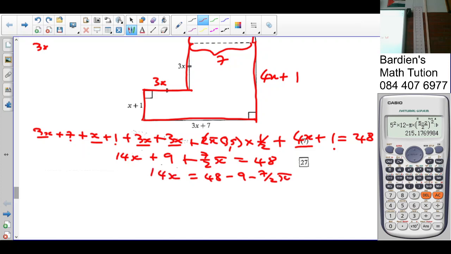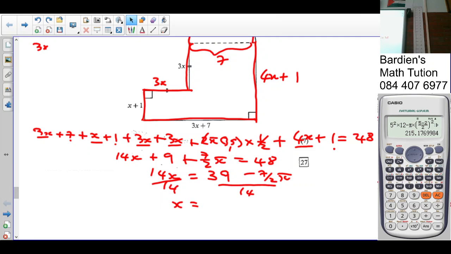You all okay with that? This simplifies into, what's 48 minus 9? 39. That's right. How do I get x on its own? Divide by 14 both sides. So x is 39 minus 7 over 2 pi, over 14, which gives us an x value of very close to 2.